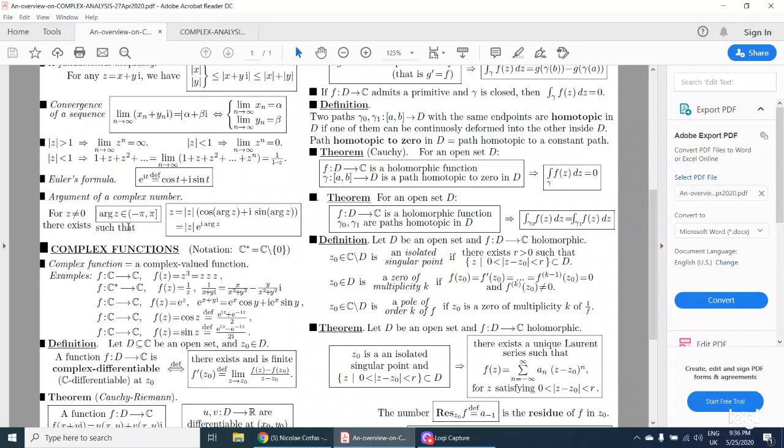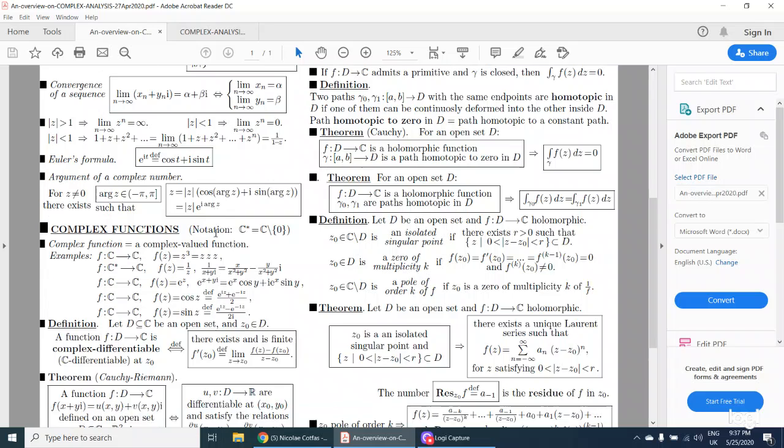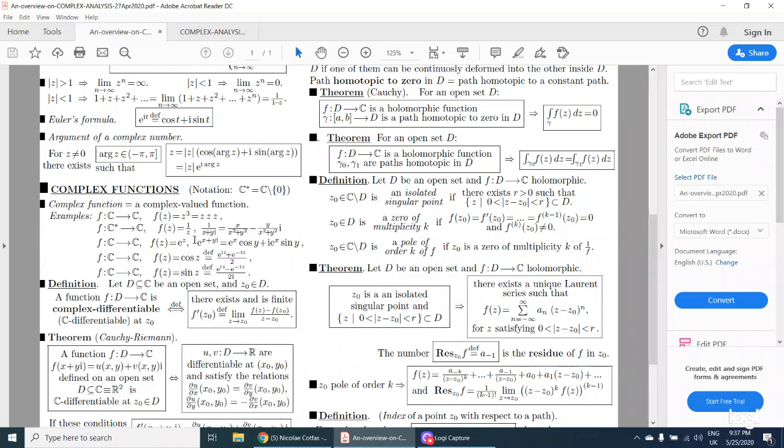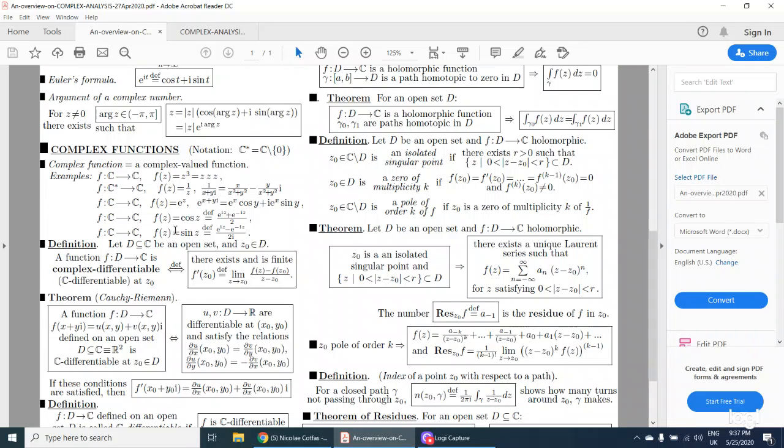Euler's formula, the representation we have discussed in this video clip. Here are some examples of complex functions. Complex function means complex valued functions. The values are complex.